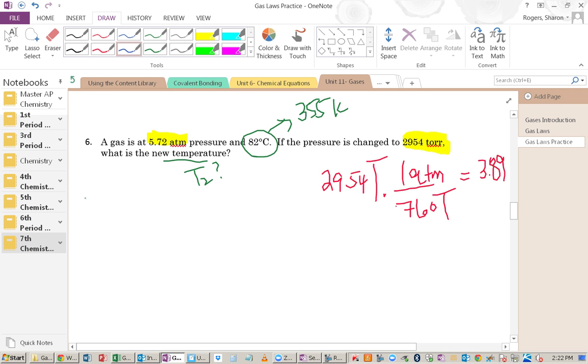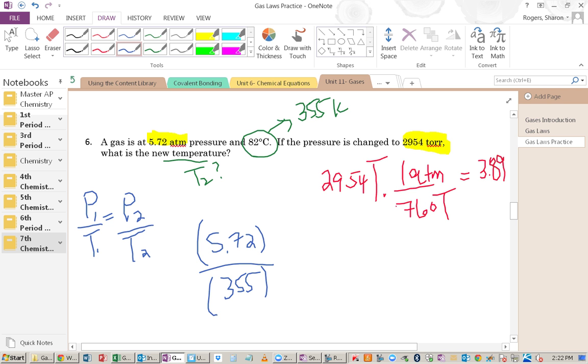So now I'm ready to set this up. You don't have to write out your formula, but it's just easy to see where to put everything. So 5.72 is P1, T1, 355. P2 is 3.89.